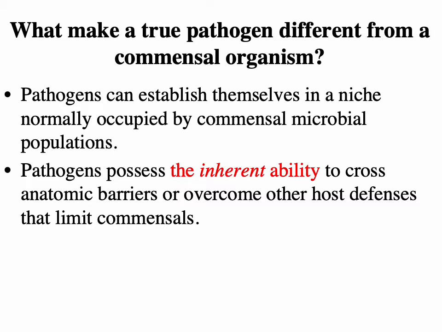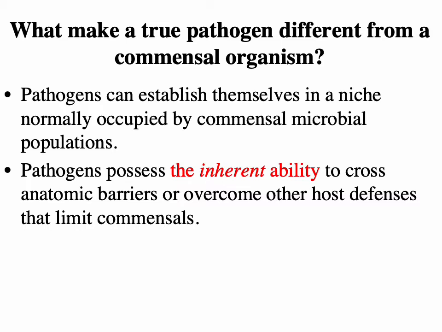So we consider them the true pathogen, but scientifically there's always an argument about what makes a true pathogen different from a conventional organism. Your conventional organisms are capable of causing disease under certain conditions. So how is that different from a true pathogen?